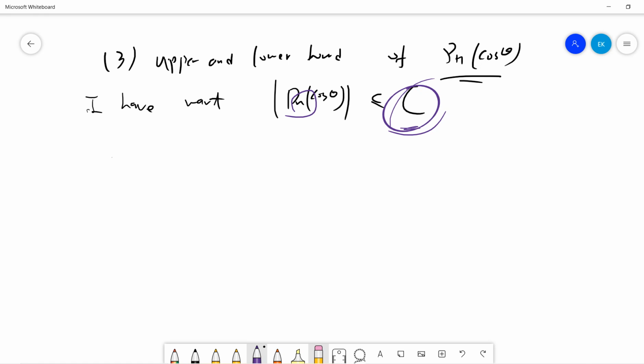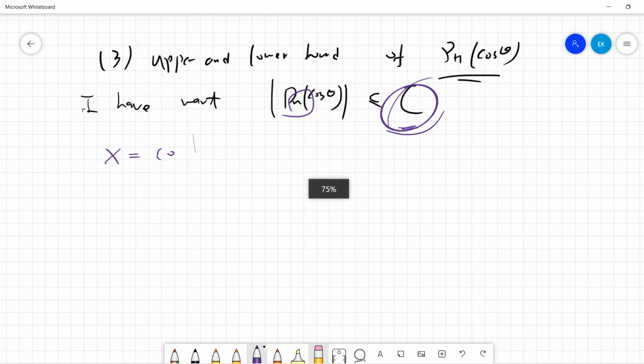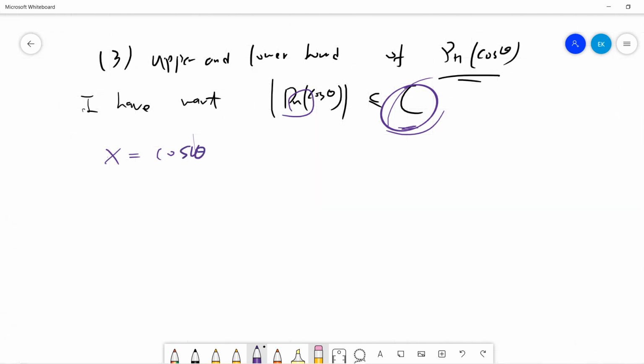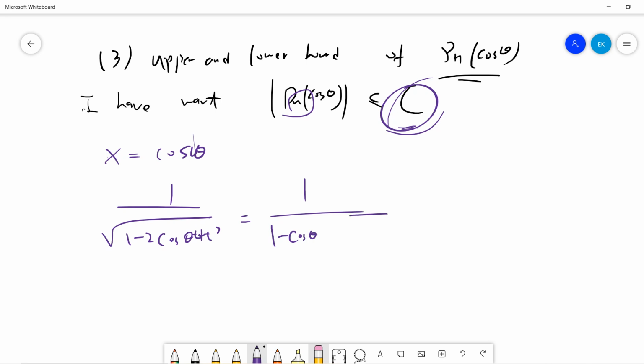The starting point is to put x equal to cos theta. Then the generating function term becomes 1 minus 2 cos theta t plus t squared.